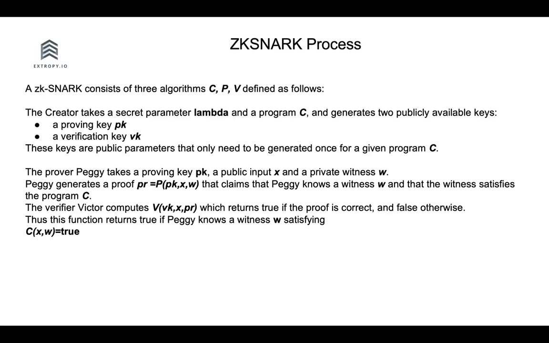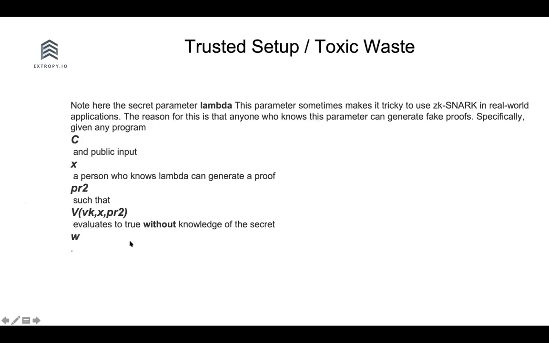And indeed, when this was done in the cryptocurrency Zcash, this secret parameter, this lambda, became known as toxic waste. So when we look at projects that are using zero-knowledge proofs, creating proofs and proving keys, and doing this trusted setup as a first step, they have this problem of toxic waste.